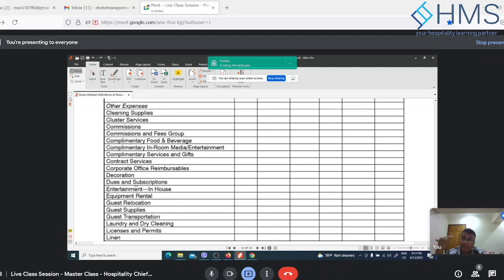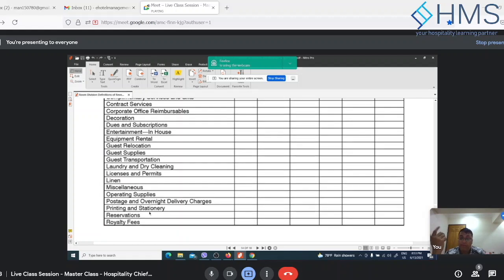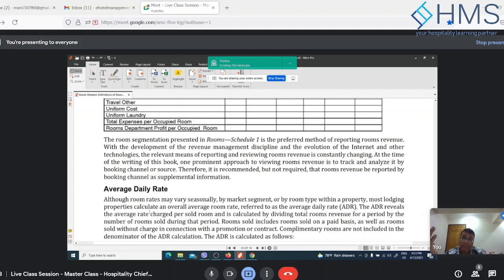Gas relocations or transportation can be fixed, variable, or ad hoc, meaning they don't have a relationship with occupied guest rooms. So that is another statistic that you have to add into the reports.